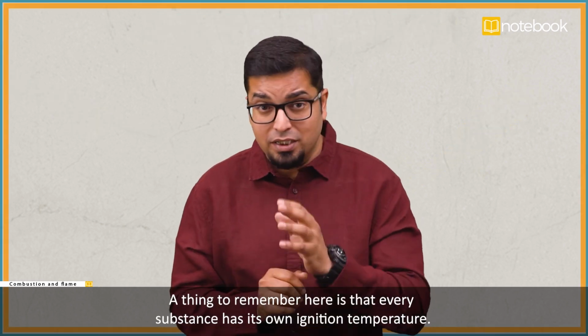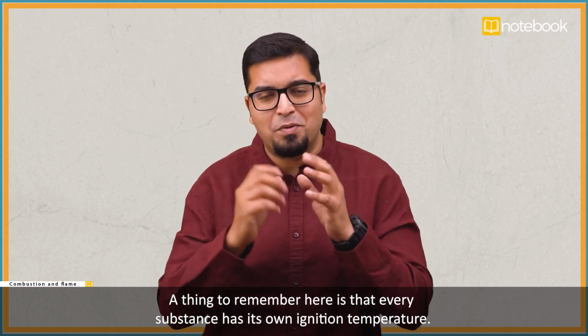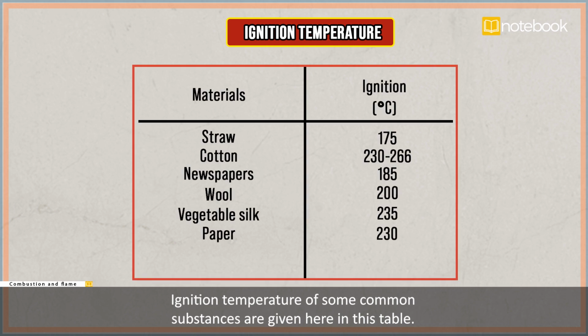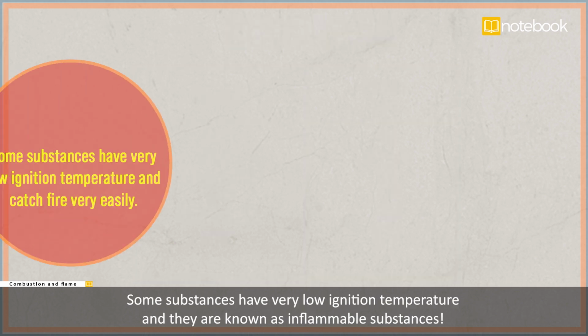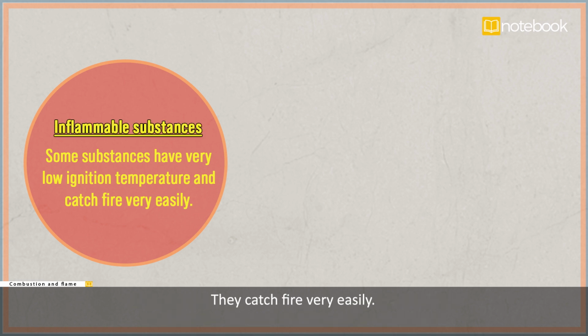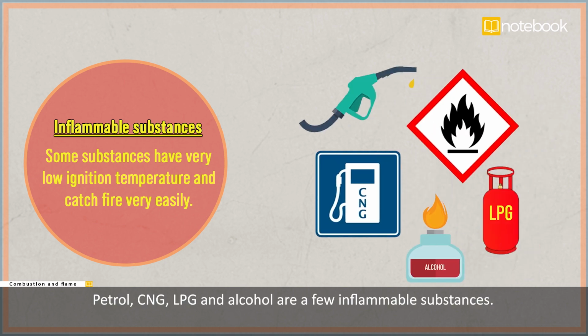A thing to remember here is that every substance has its own ignition temperature. Ignition temperature of some common substances are given here in this table. Some substances have very low ignition temperature and they are known as inflammable substances. They catch fire very easily. Petrol, CNG, LPG and alcohol are a few inflammable substances.